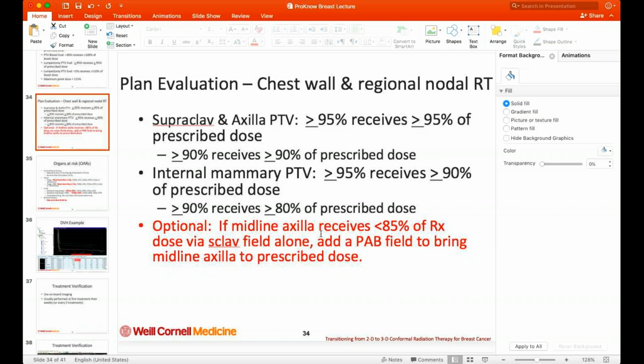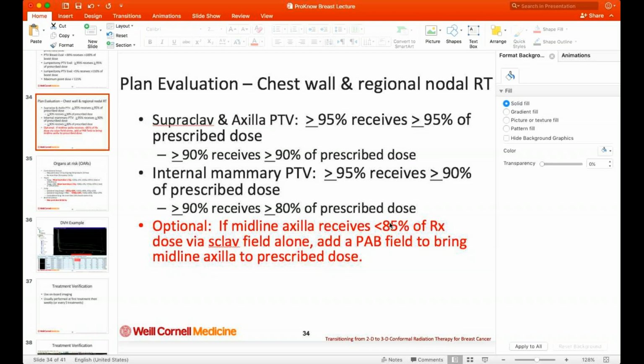So if your axillary level is getting less than 85 to 90% of that dose, then you need to add the posterior axillary boost field. And so let's say you want to let the axilla get 50 gray. So usually they give it about 10 gray posteriorly.